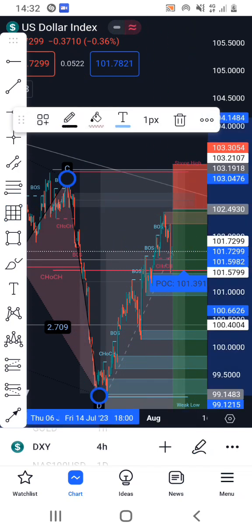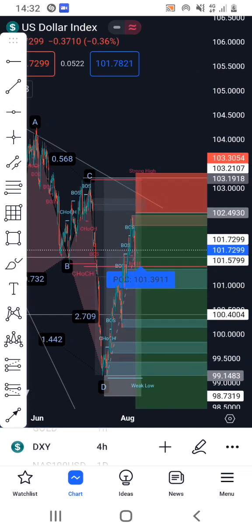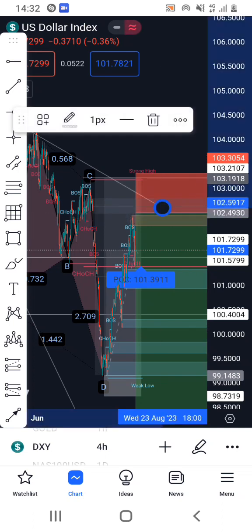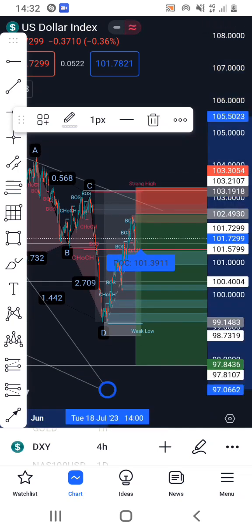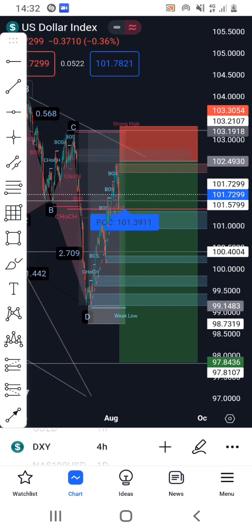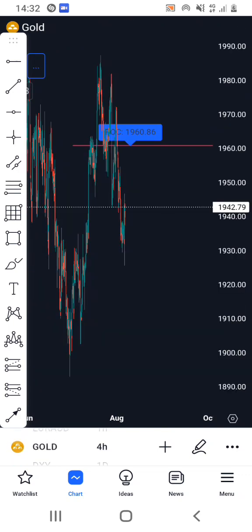So the reason why I'm drawing this rectangular shape on my charts is just to mark out an area as to where I can be looking to set sell limit orders at the price of $102.59, because this is very important. Okay, it is very important for you to do this. You know where the market is going to change directions.